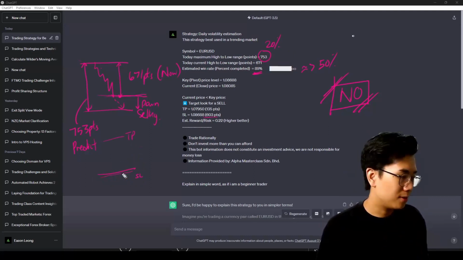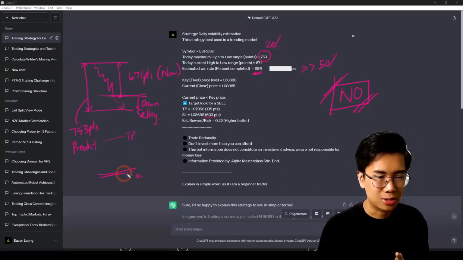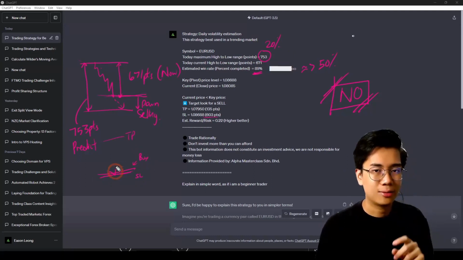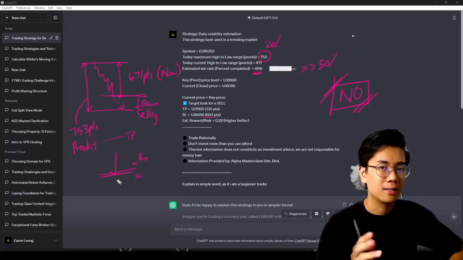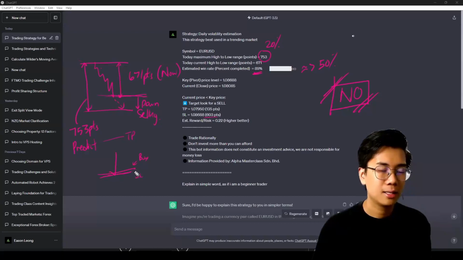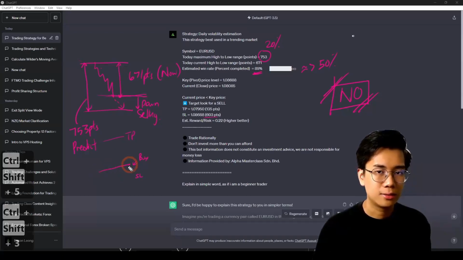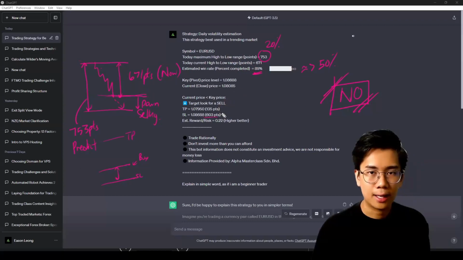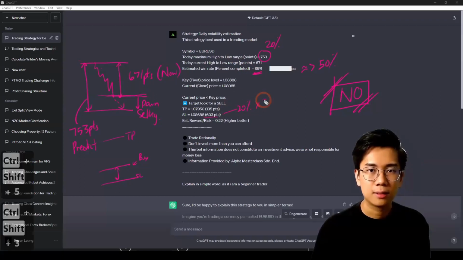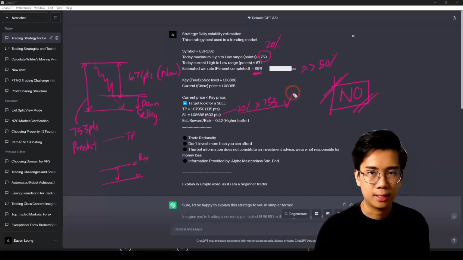If you've been trading before, you should know that if the stop loss is too close to the buy price, it's easily hit and then price runs away. Your stop loss needs to be a reasonable distance. I would say at least 20% of 753, which is I believe much larger than that. Then this one hit, this one also hit, win rate hit.